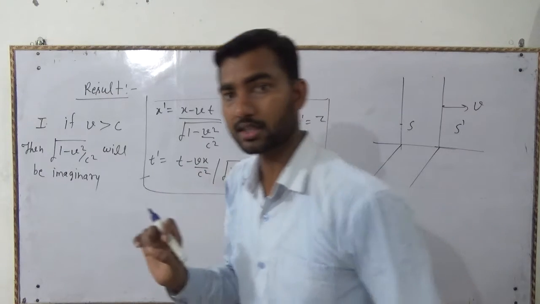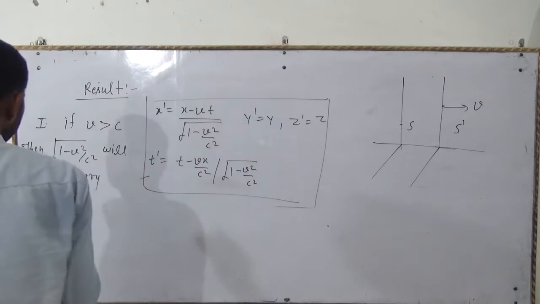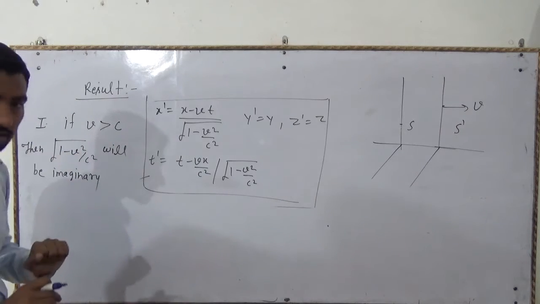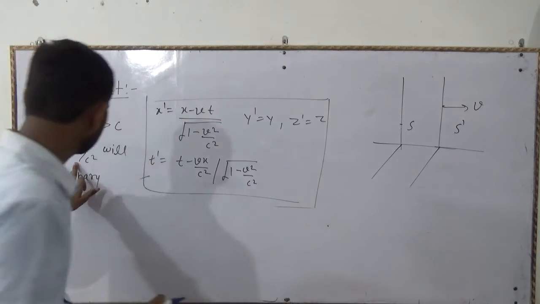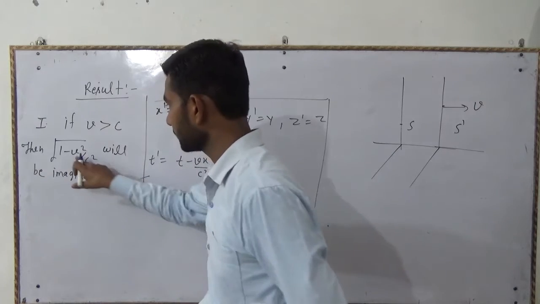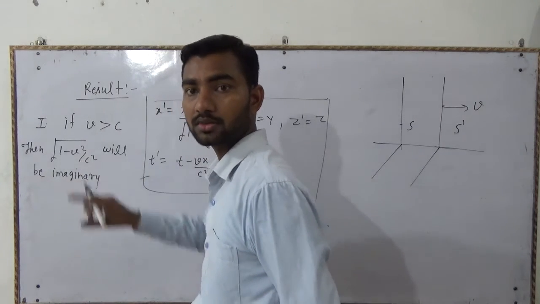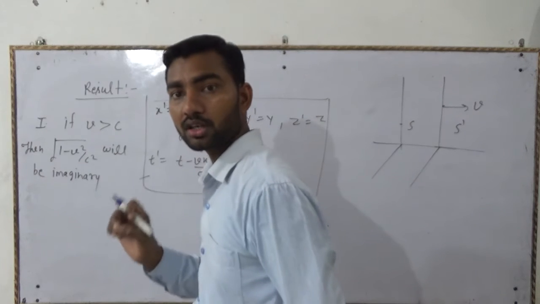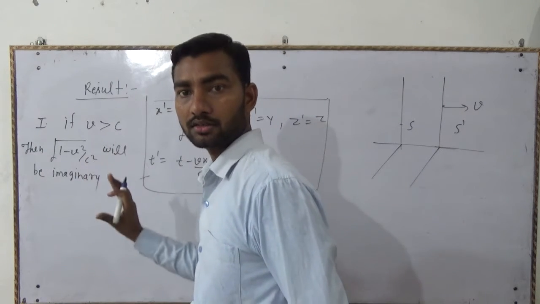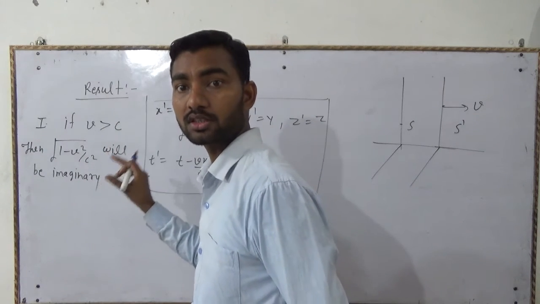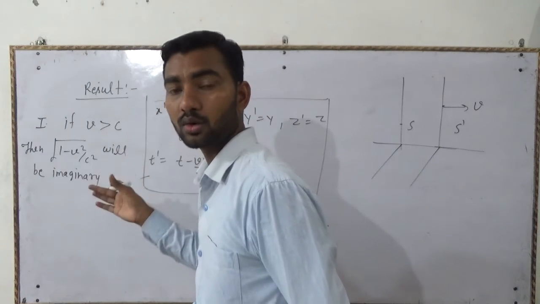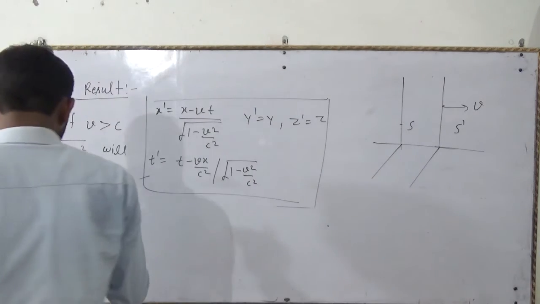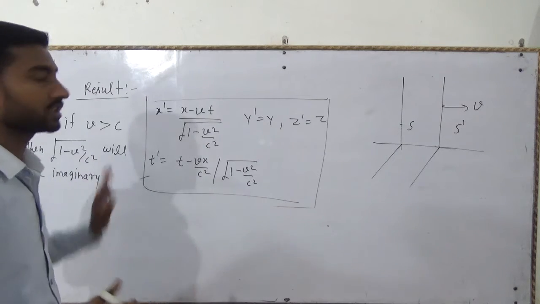Why will it be imaginary? Because if v is greater than c, then after solving this term we will get a negative number in this square root. So we can say that it will be imaginary, because we will find a negative number in the square root.